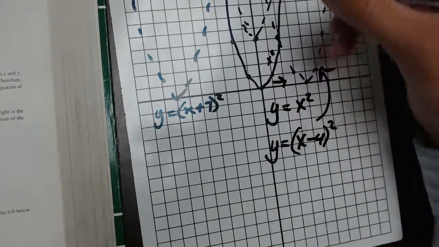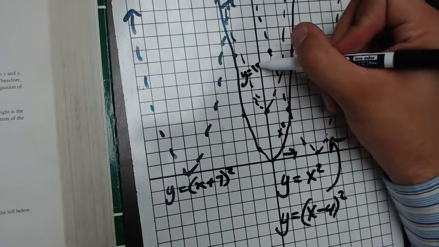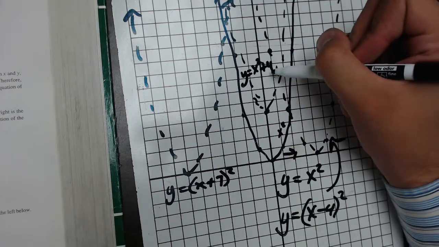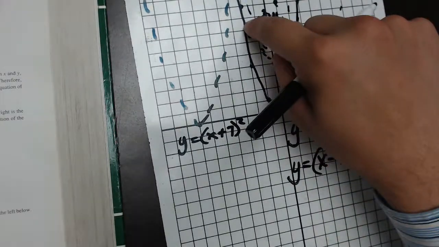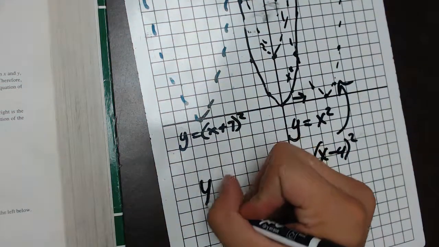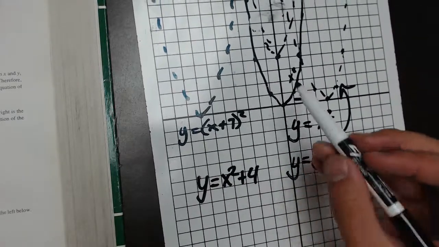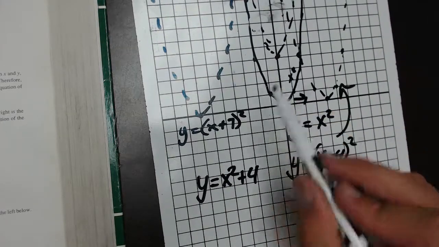So if I take this equation, y = x² + 4, or maybe I'll write that down here so you guys can see it a little bit better, y = x² + 4. What that does is get me directly to the spot on the origin.